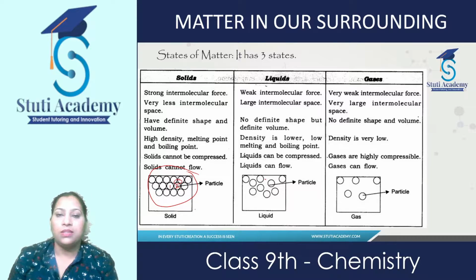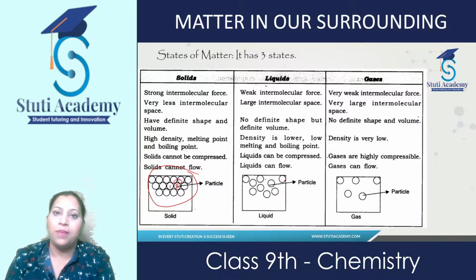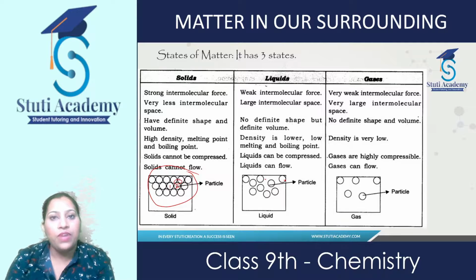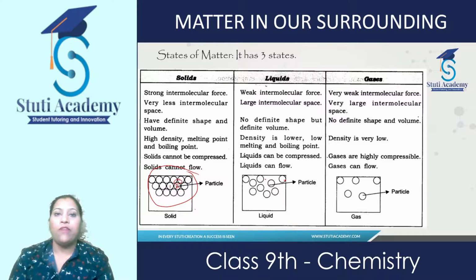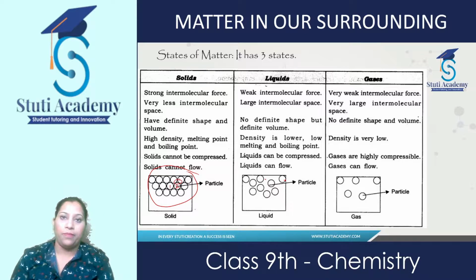The particles are farther away from each other in comparison with solids, and due to this they have weak intermolecular force and large intermolecular spaces are present. That is the reason liquids do not have a definite shape. The density of liquid is quite low. They have low melting and boiling points.